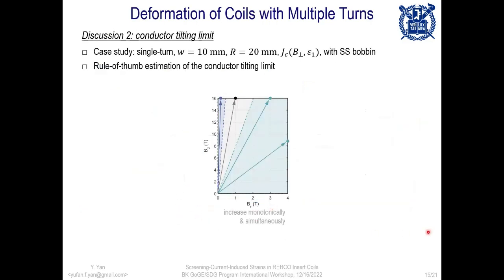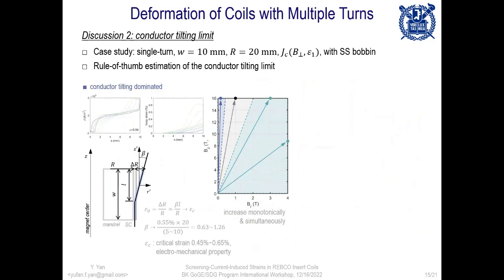We can also demonstrate the limit of the conductor tilting by using a simple case study. Here, let's consider a 1-turn coil in an external field, which increases monotonically following this straight line over here. So the radial field and axial field will change simultaneously.